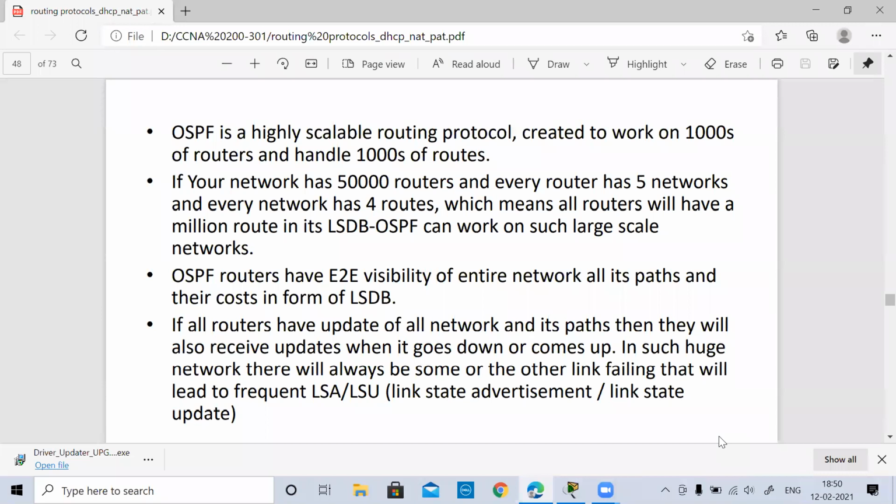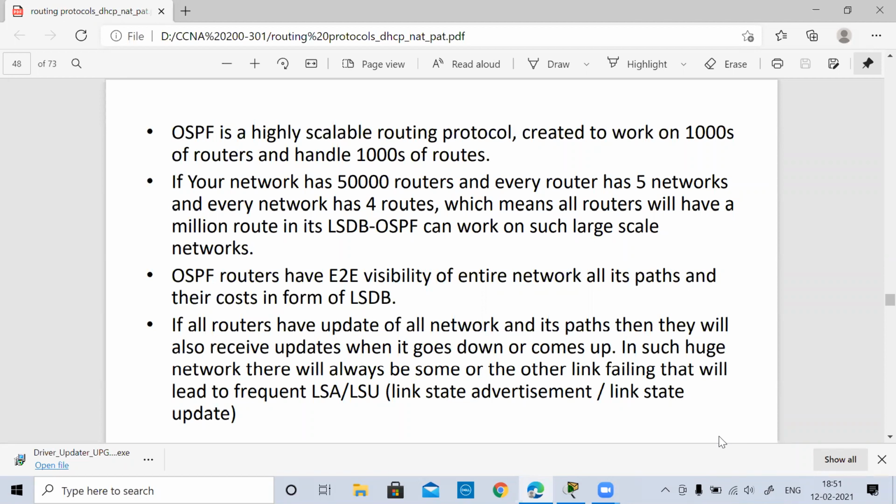This is the scenario we are considering: 50,000 routers, every router has 5 networks, and each network can be reached via 4 routes. If you calculate, this will turn out to be more than a million routes in the link state database.